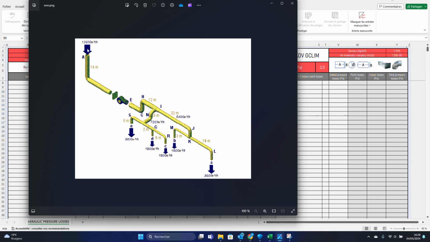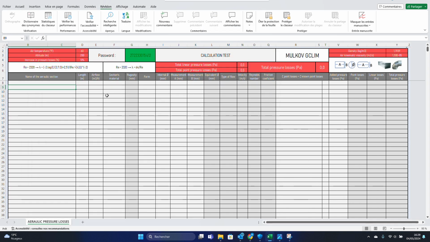So the first part is this one with the flow of 12,600 meters per hour, and I've got 14 and 12 meters. So I'm going to add these two lengths. So it's 26. The airflow is 12,600. The material is the galvanized steel, but I can also choose another material.